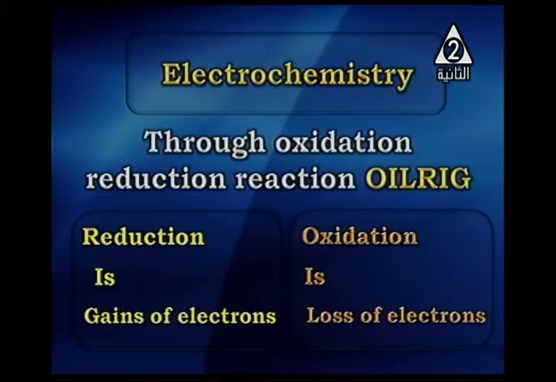So we have here OIL, it means oxidation is loss of electrons. If I have losing of electrons, it means oxidation in our curriculum. Why? Because oxidation means a metal atom that loses 1 or 2 or 3 electrons, so it makes an oxidation reaction or oxidation process.